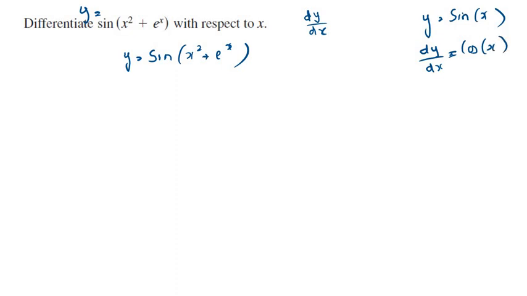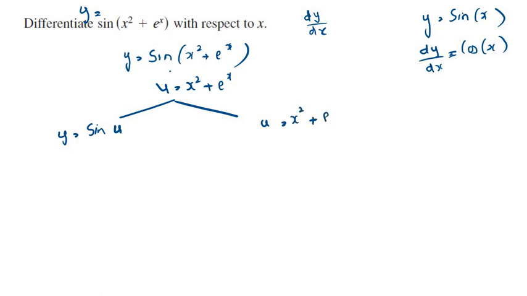So let's use u as the second function, x squared plus e to the power x, and we separate it out. So we know y is equal to sine u here, and then u is equal to x squared plus e to the power x. So if we get dy over du, that is the derivative of sine u, which is cos u.